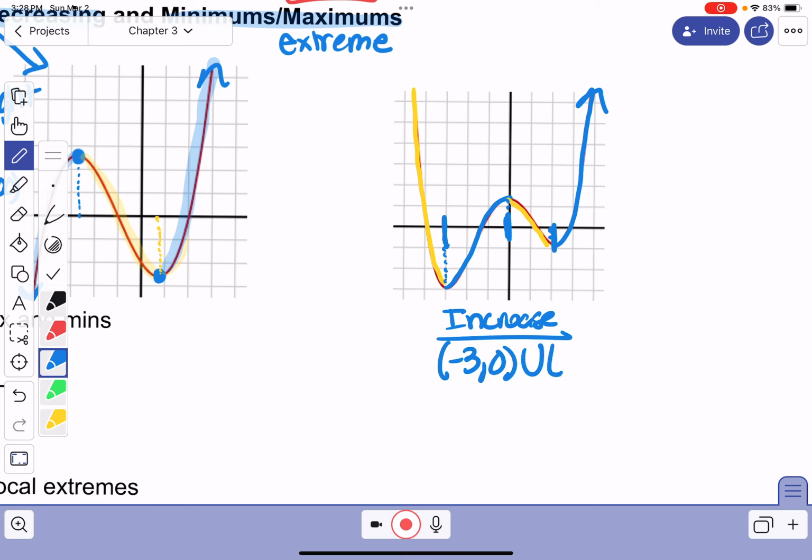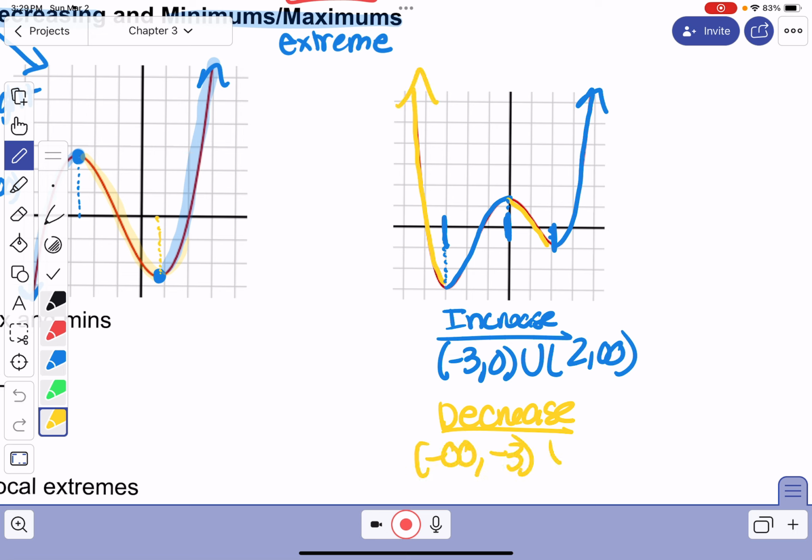And then again from 2 to infinity. And our decreasing are going to use the same numbers. We're going to decrease from negative infinity to negative 3. And then from 0 to 2. If you notice, those numbers repeat because you go from one or the other.